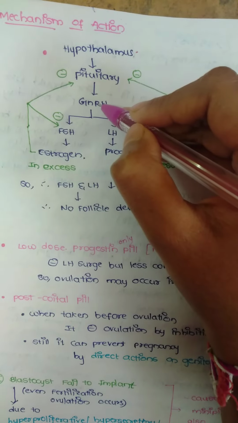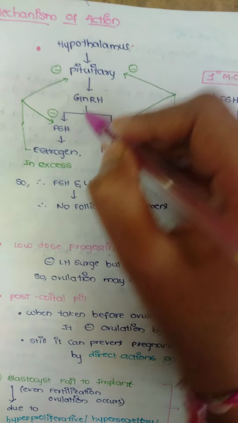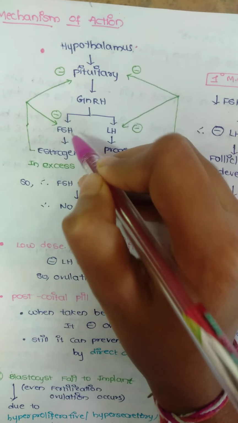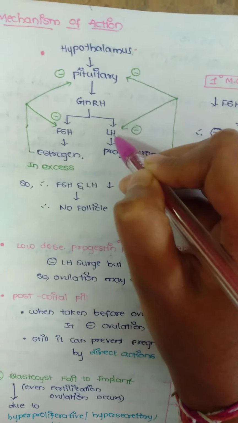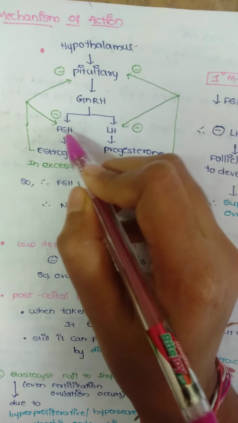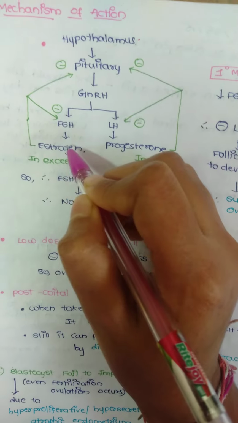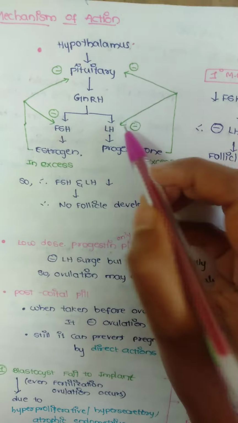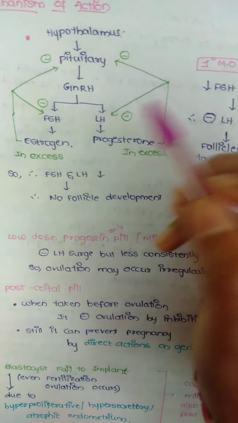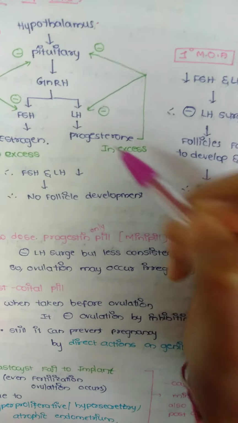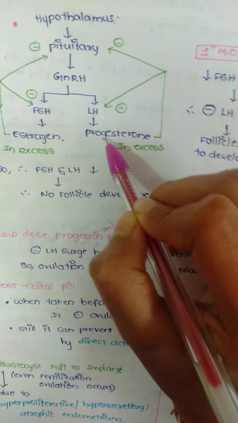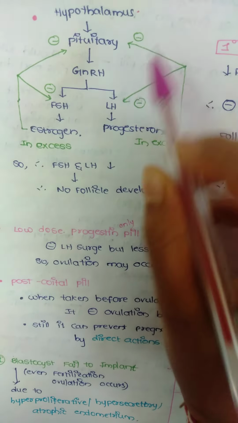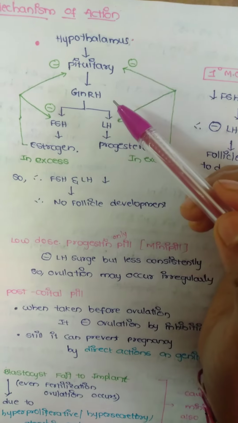Then the gonadotropin releasing hormone stimulates FSH release and LH release. FSH acts on the ovaries and stimulates estrogen release, and LH leads to the LH surge, afterwards ovulation, and afterwards progesterone is released in the menstrual cycle. We know this process from 12th onwards.